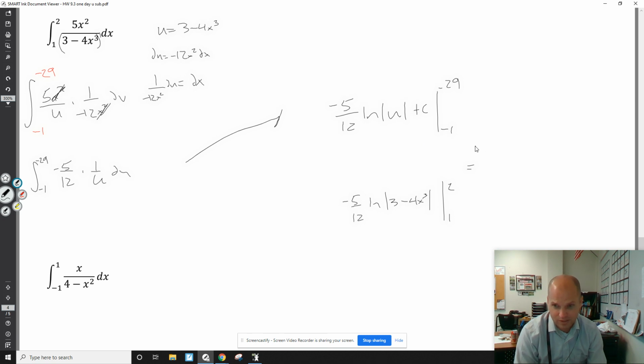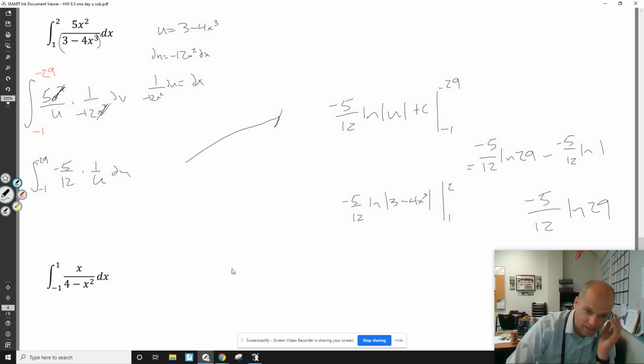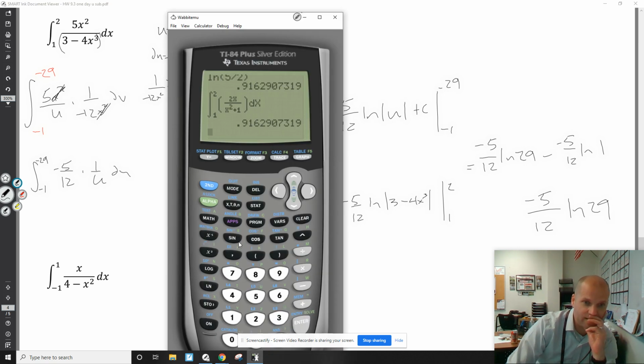I think my answer is negative 5/12 log, the absolute of -29 is positive 29, minus negative 5/12, the natural log of 1. -1 absolute is positive 1. Now this is just 0, that's important. So I think my answer somehow is this. Now I'm feeling like I made a mistake with the question and that you cannot find this because it might be over an asymptote, but let's see.